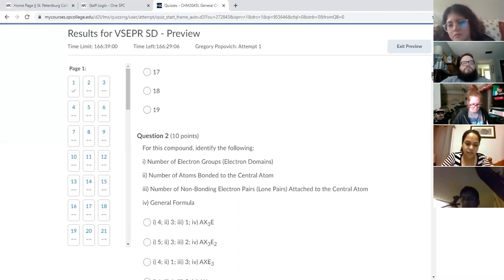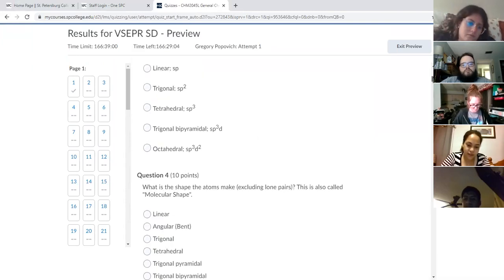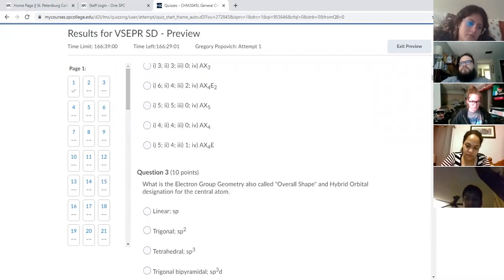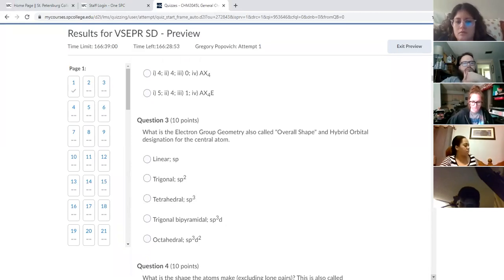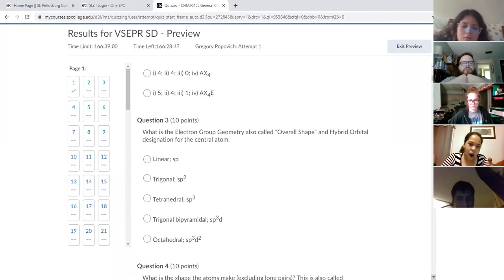All right, your third question. What is the overall electron geometry? Remember, count the clouds around the center atom. This has 1, 2, 3, 4 clouds. Overall electron geometry, tetrahedron. Then he asks for the hybrid orbital.